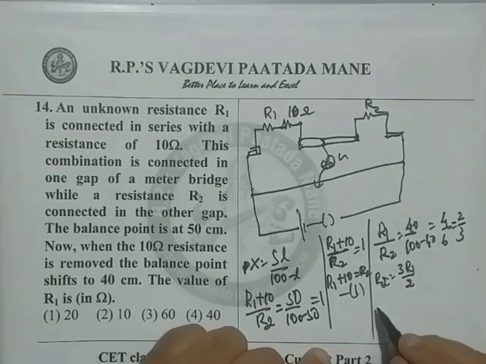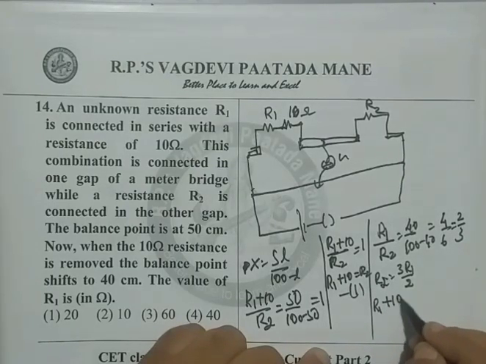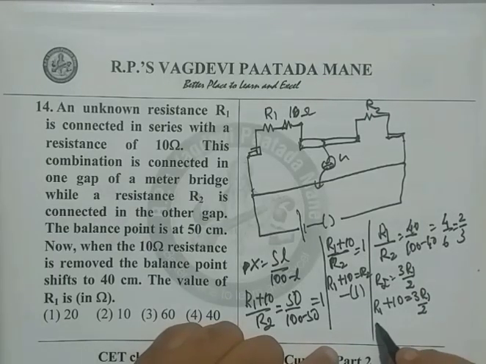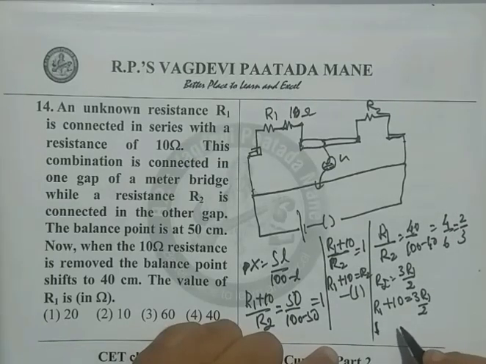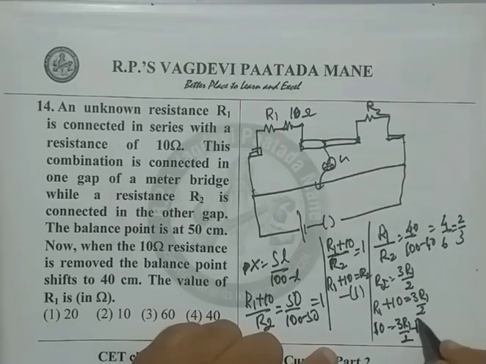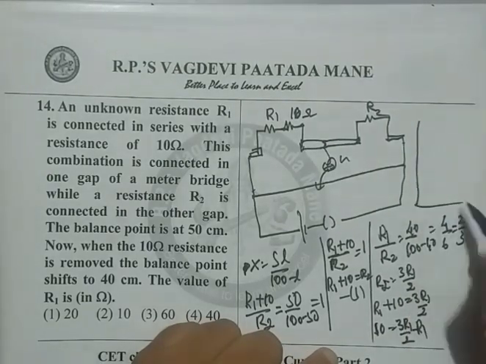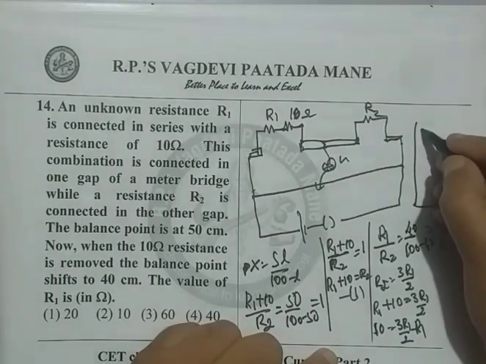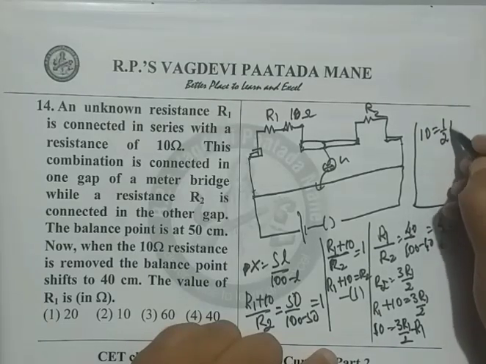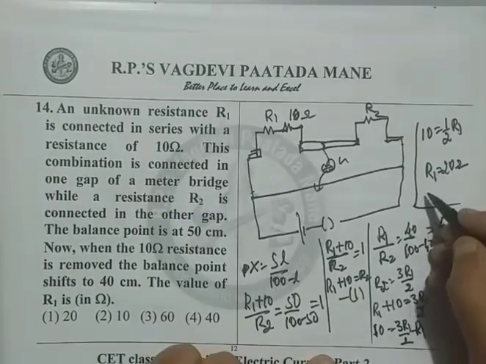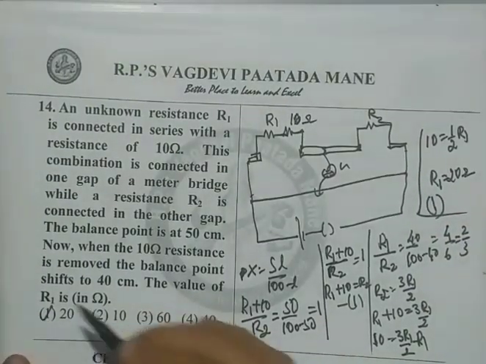Substituting it in the first equation, we get R1 plus 10 equals 3R1 by 2, which gives 10 equals 3R1 by 2 minus R1, which amounts to 3 by 2 R1 minus 1 R1, means 1 by 2 R1. So 1 by 2 R1 equals 10, R1 equals 20 ohms. So option 1 is correct.